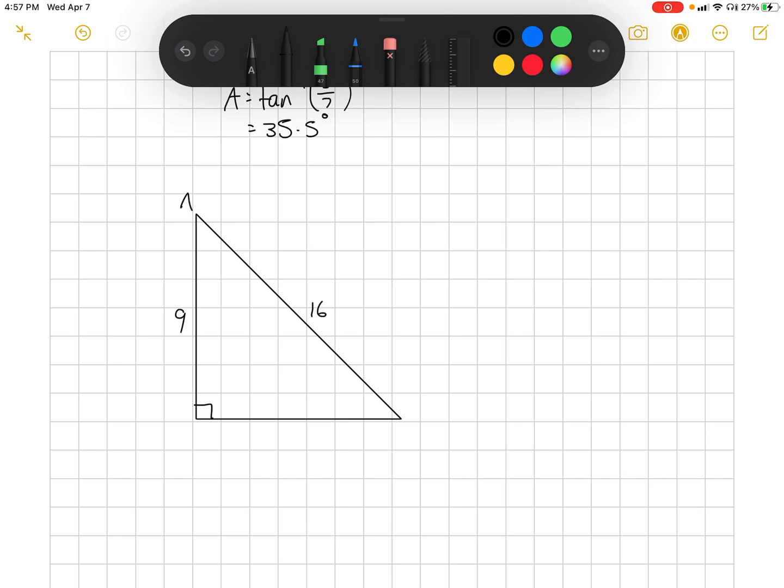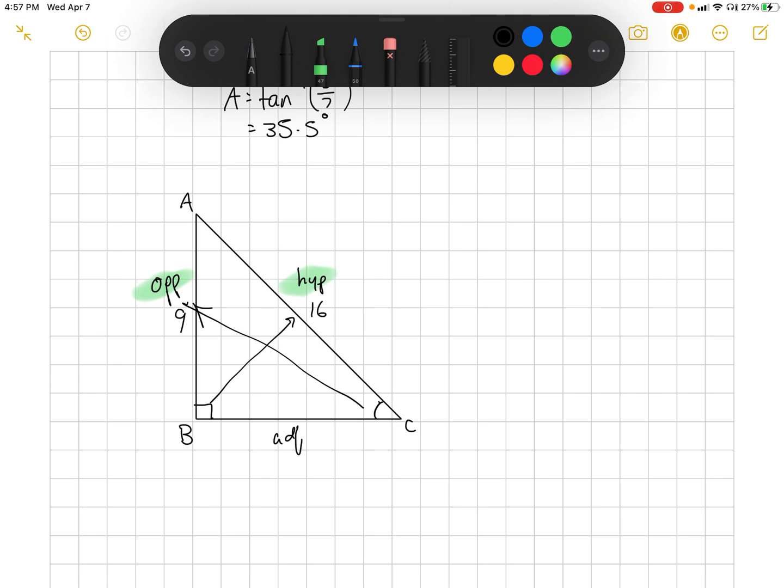And this is going to be A, B, C. And I'm going to put a little arc like that. That little arc means that is our reference angle. So, labeling our triangle, that is our hypotenuse, that is our opposite, this is our adjacent. We have the opposite side, we have the hypotenuse side. We are looking for angle C.